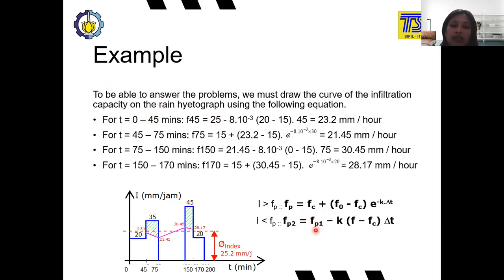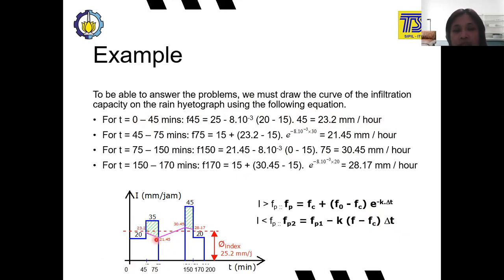So we use the F0. F0 is equal to 25 minus the K we already knew from the data, times F minus FC. Here we have the F of 20, and FC is known from the data, also 15, times delta T. Here we have 0 until 45 minutes. And then we calculate it using this equation. We got this infiltration capacity for 0 until 45 minutes. After that, we draw it, 23.2 here.